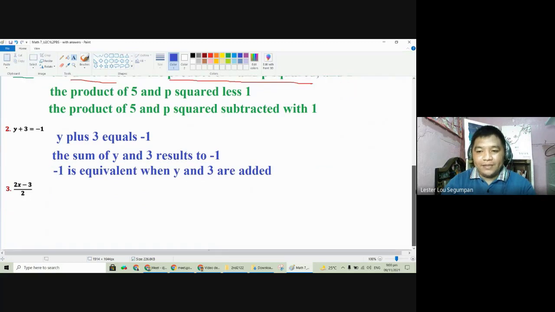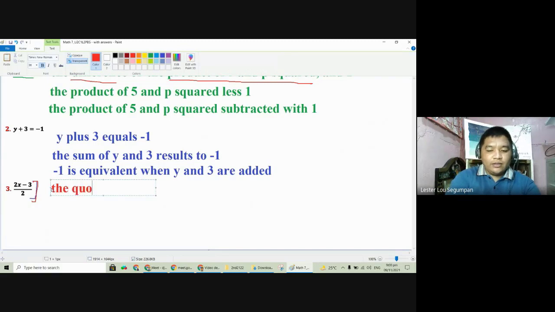As for exercise number 3, here you have an expression. The general form is actually for division. So you could go with the division, and you could say the quotient of, and then you declare the numerator and the denominator.